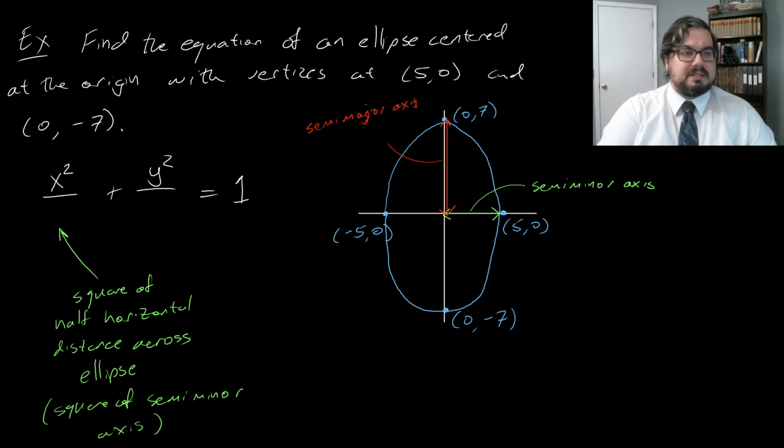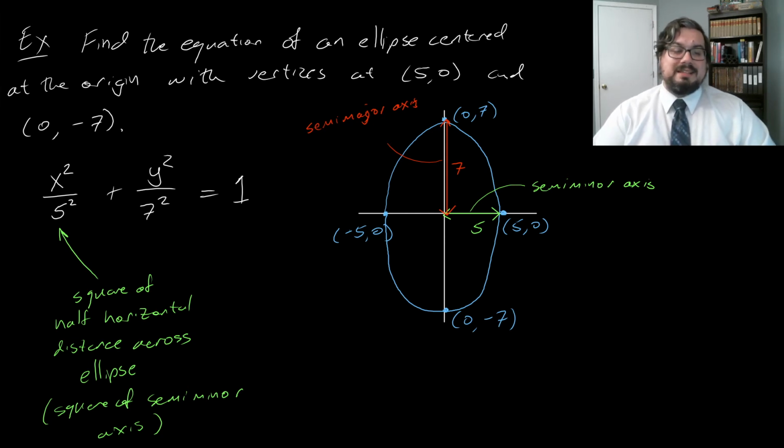Now, in this case, we can see that the semi-minor axis of this ellipse is 5, the semi-major axis of this ellipse is 7, and therefore the denominator of the x term in the equation is going to be 5 squared. And the denominator under the y is going to be 7 squared.